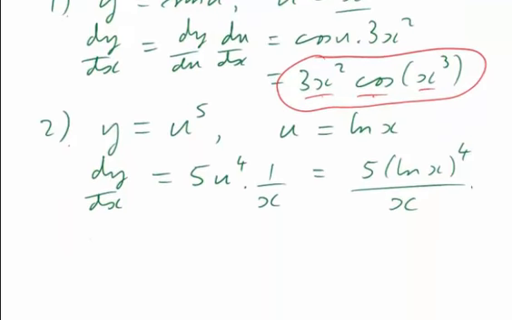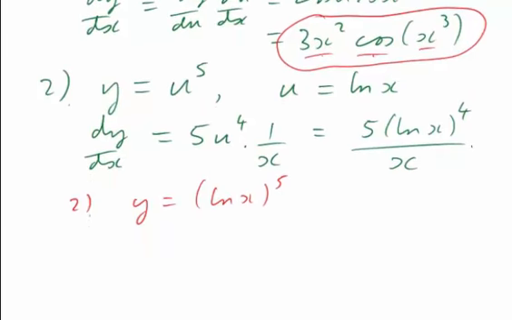In exactly the same way, in case 2, the alternative would be just to write y equals log x to the fifth. Now let's describe the function to ourselves. It's a fifth power function of log of x. So we differentiate the first function, that's the fifth power. dy/dx is, with the fifth power we just need the power law, 5 log x to the 4.